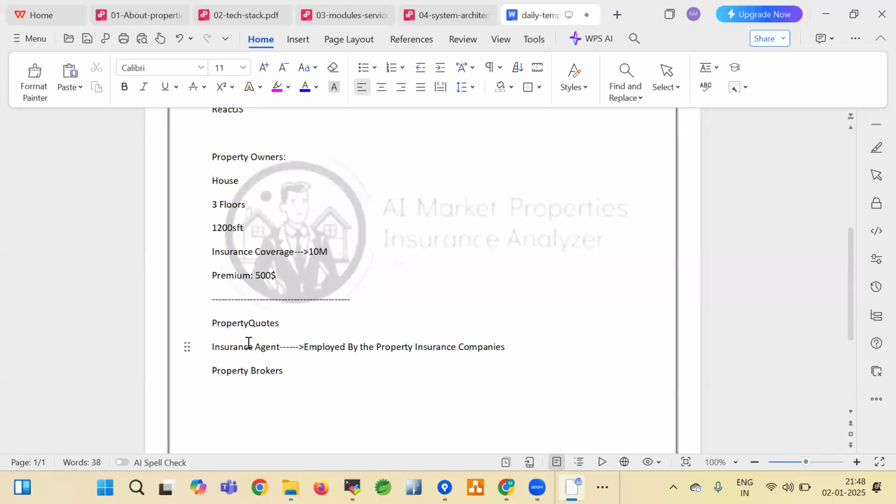So usually when he goes and searches for property insurance coverage in the open market, he might find a few of the insurers, and to go further, he has to talk to these agents. He has to find the agents, and finding the agent, talking to and discussing with the agent could be not so easy a task.